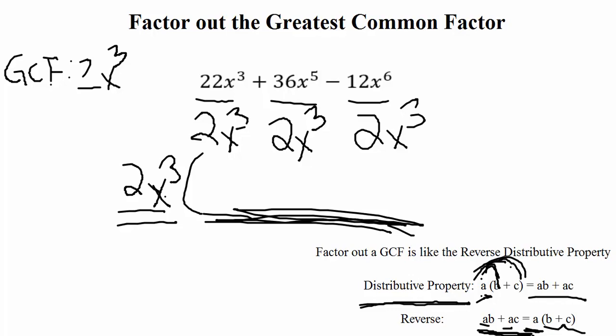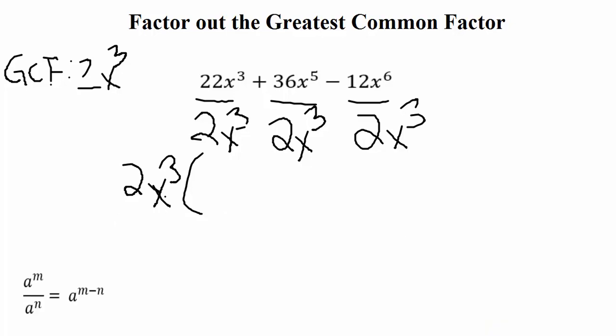The way that we divide this out is by using the quotient rule. Just in case you've forgotten, the quotient rule states that when we are dividing like bases, we move our base over and subtract our exponents, always the numerator exponent minus the denominator exponent. So that is exactly how we're going to factor out this greatest common factor.